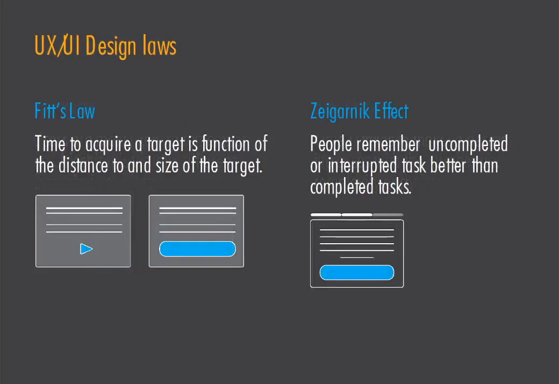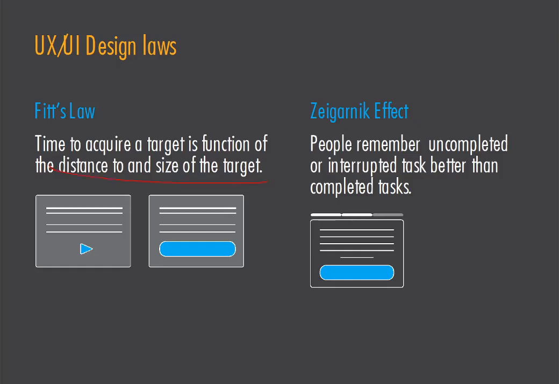The next is Fitts' law. Actually, it is a predictive model of human movement, primarily used in human-computer interaction, HCI. This specific law predicts that the time required to rapidly move to a target area is a function of the ratio between the distance to the target and the width of the target.